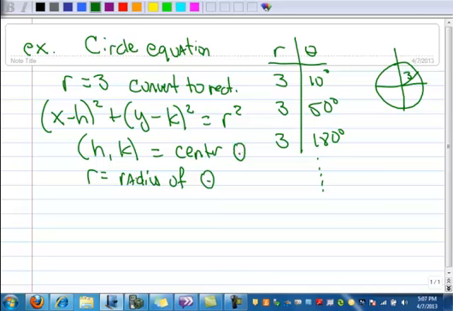Alright, so let me take you through the process of converting this. Let me start with a new piece of paper. So I've got r equals 3.